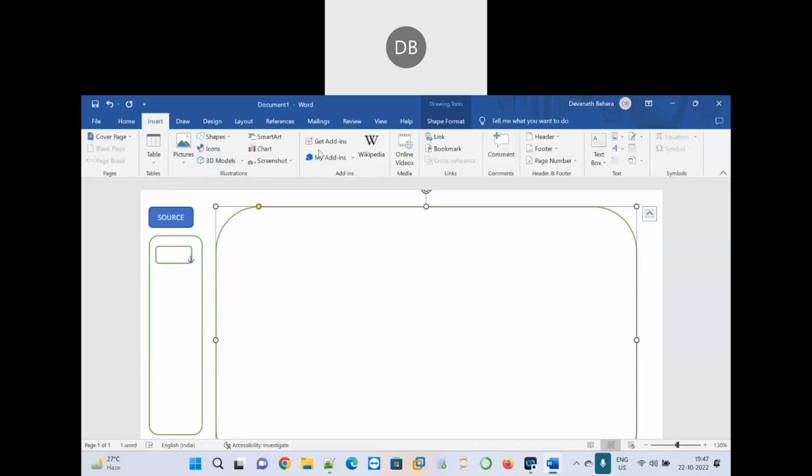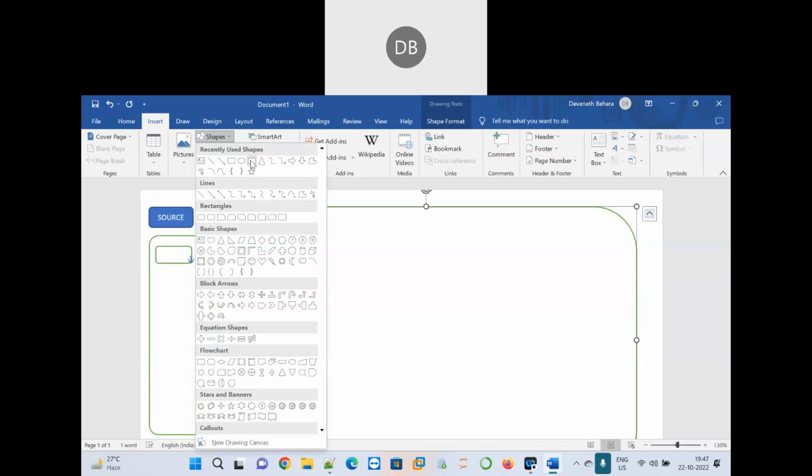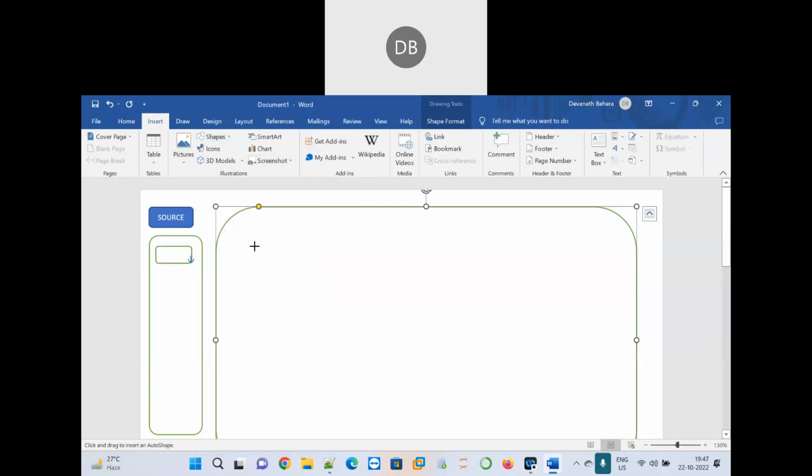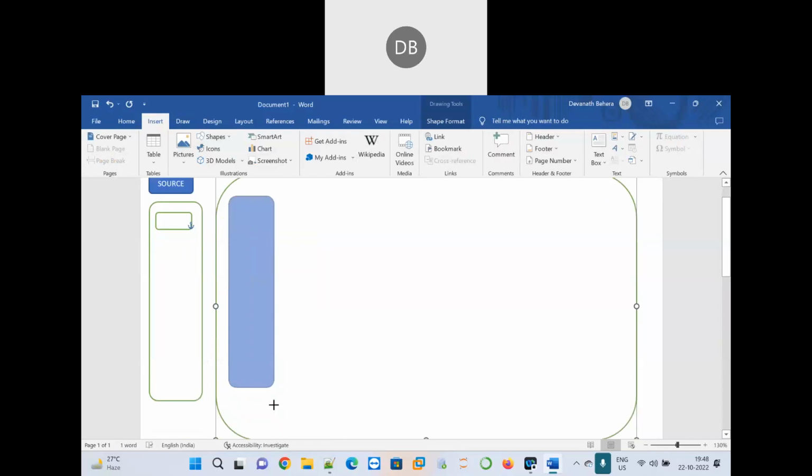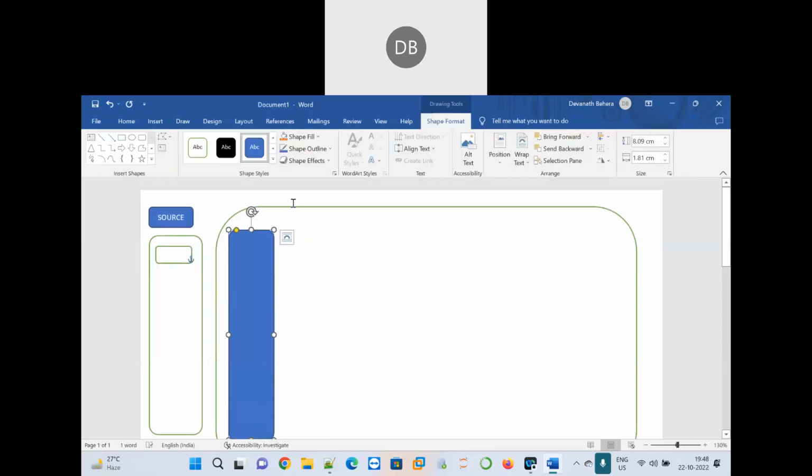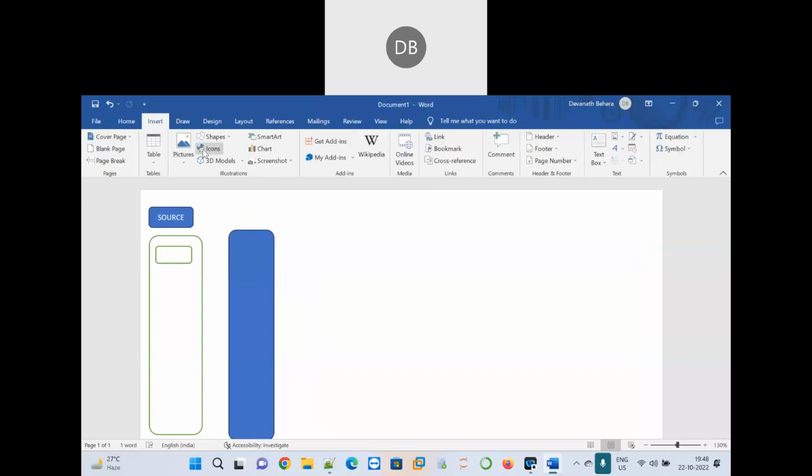After this, we're going to get one layer called data transfer. Let's say this one, a typical one.